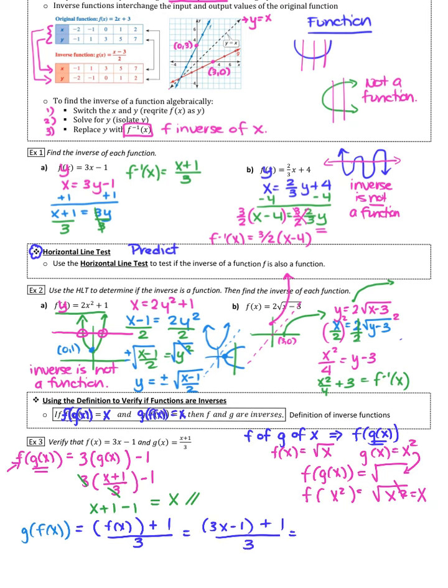So when we simplify this, well, these 1's are going to cancel. That leaves me with 3x over 3, and those cancel, and we got back x. So we know that g of x and f of x are inversely related.